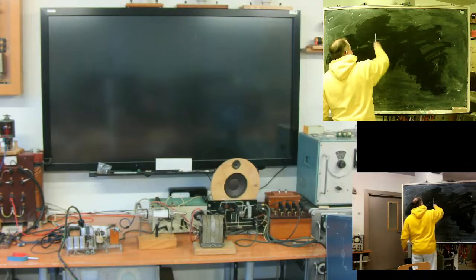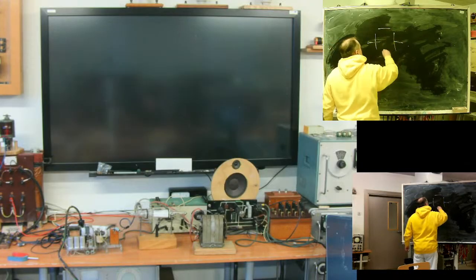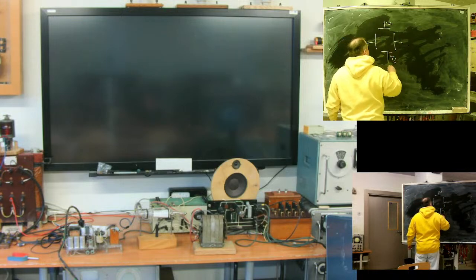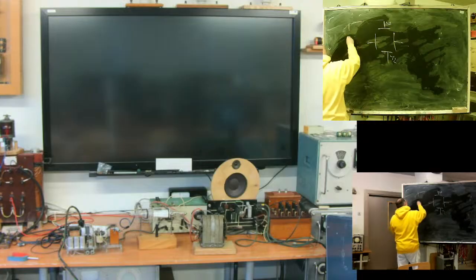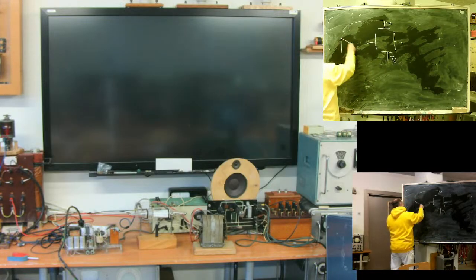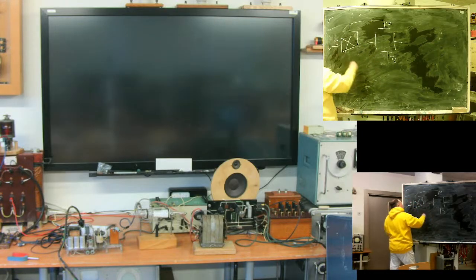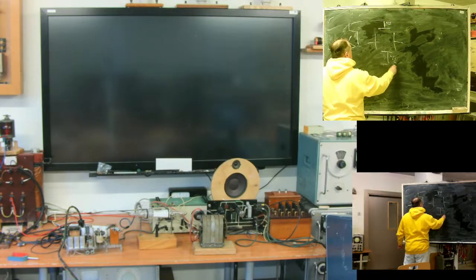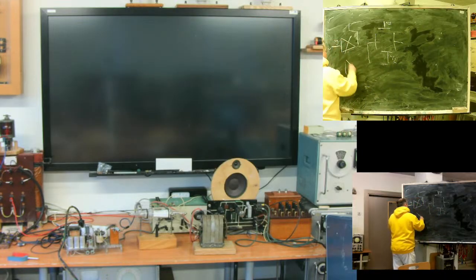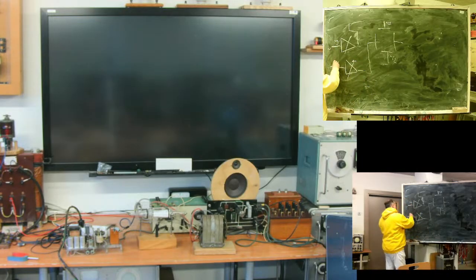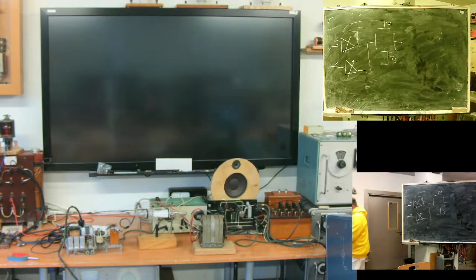So I have an amplifier, Y channel. An amplifier with adjustable gain, X channel. Now I'm using the Y channel, the vertical channel.